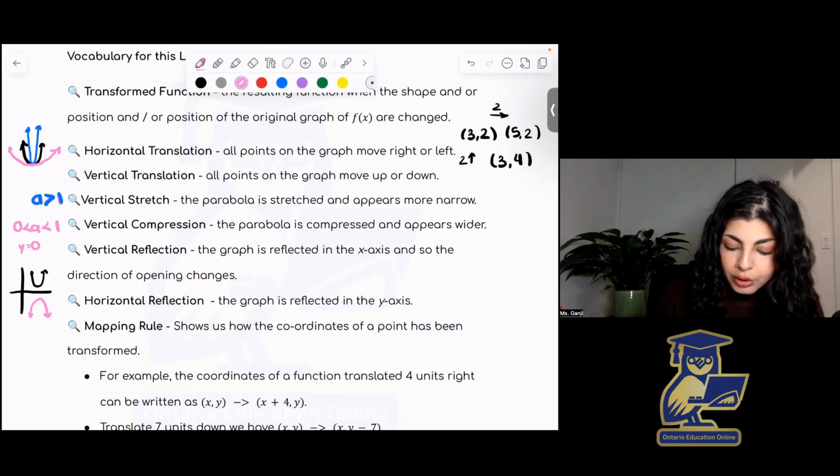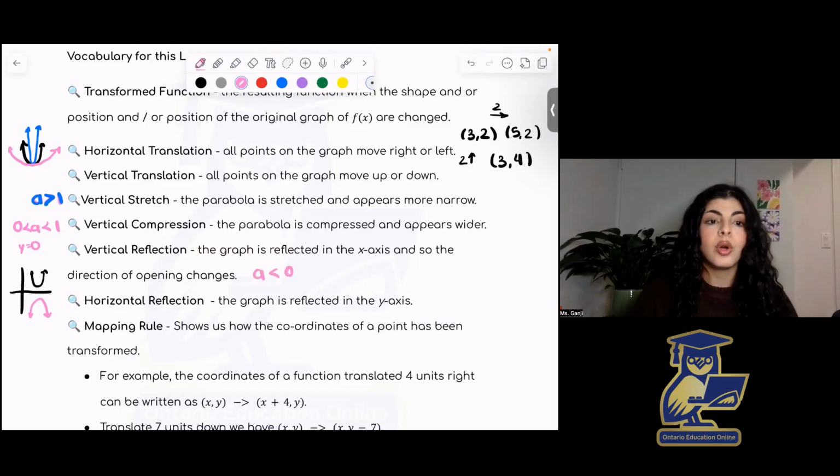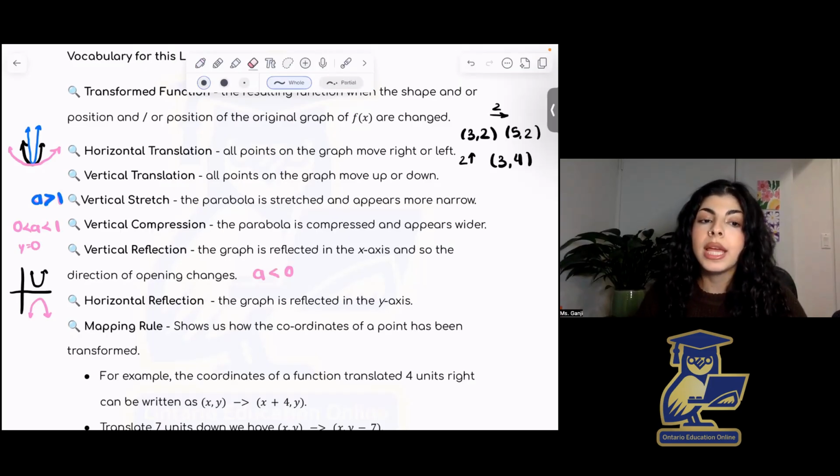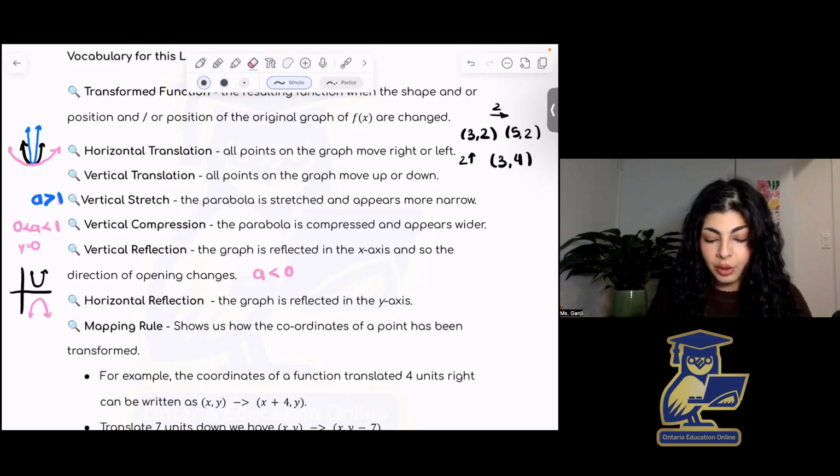This happens when a is below 0. So when a is negative, we know that we have a vertical reflection. We also have to consider the vertical stretch and compression in that case as well. So with a, we're looking at two things: is it a stretch or a compression, and is it a reflection?